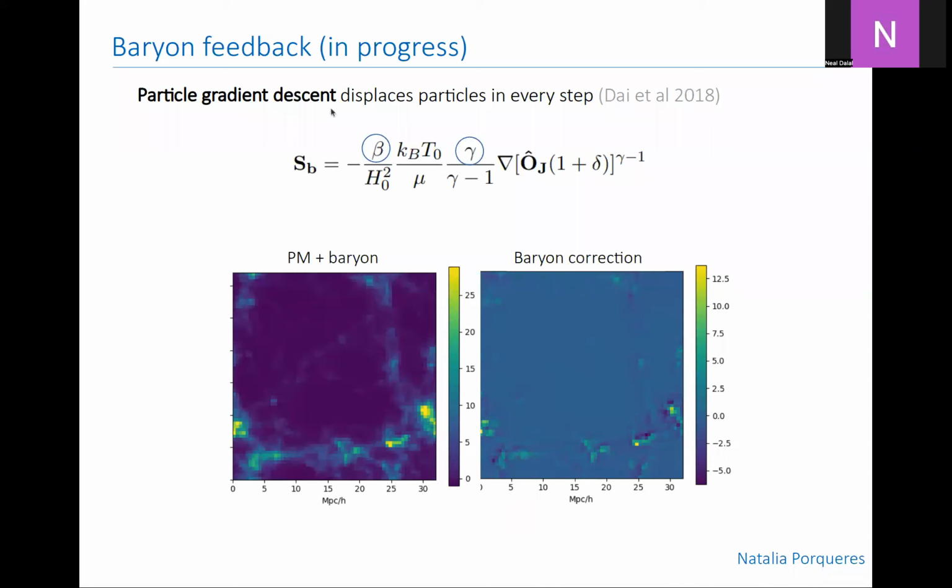Okay. Is the idea, I guess, just that your simulations have such a low resolution that this sort of simple approximation is good enough? Yeah. Right. So for the resolution of the proof of concept, we are not even able to constrain these parameters because the baryon feedback is not significant. It's not important at that scale.